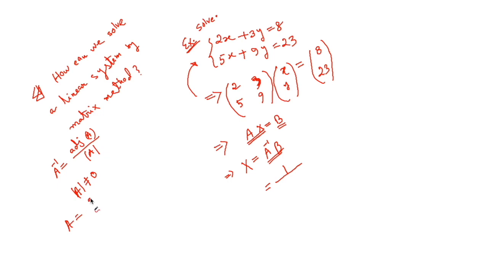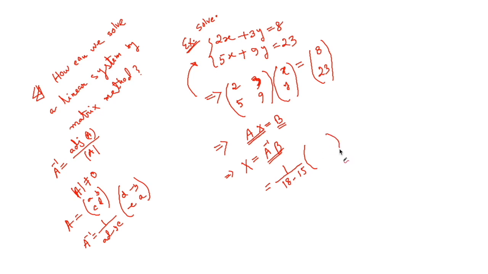For A equal to a, b, c, d, A inverse equals 1 by ad minus bc, which is the determinant, and the adjoint will be d, minus b, minus c, a. We know this formula. Now the determinant of this A will be 2 into 9, which is 18, minus 5 into 3, which is 15.